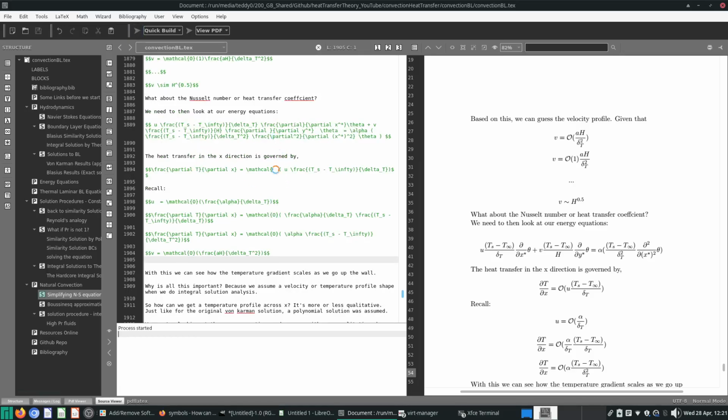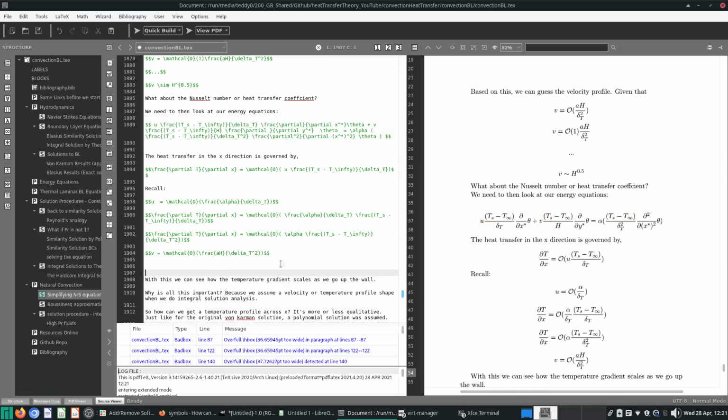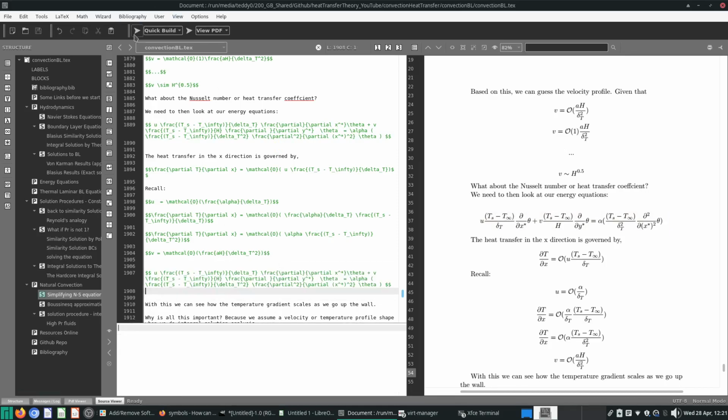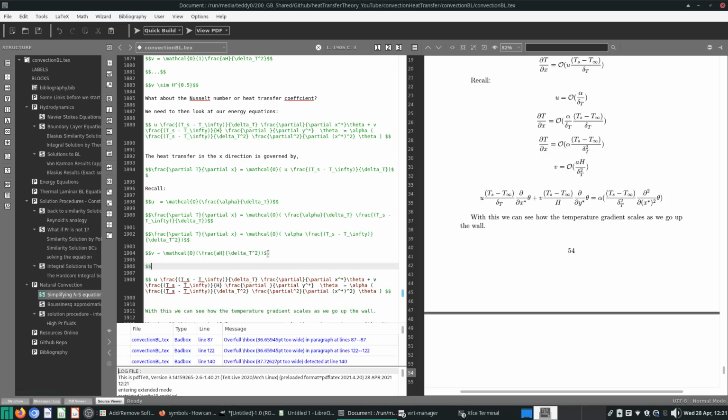So basically, we're just having a non-dimensional version of our energy balance equation. So this is the dT/dy, partial T, partial y.